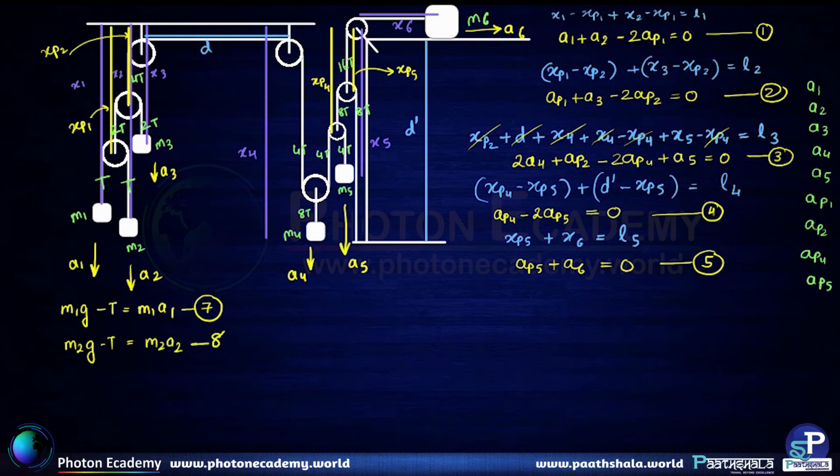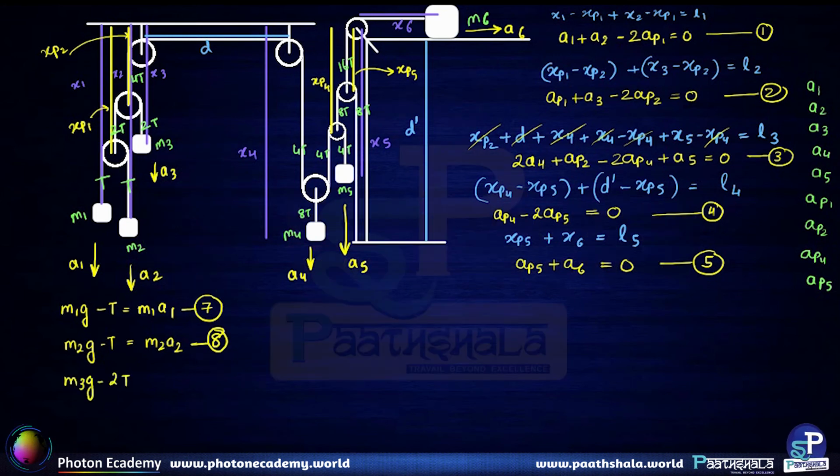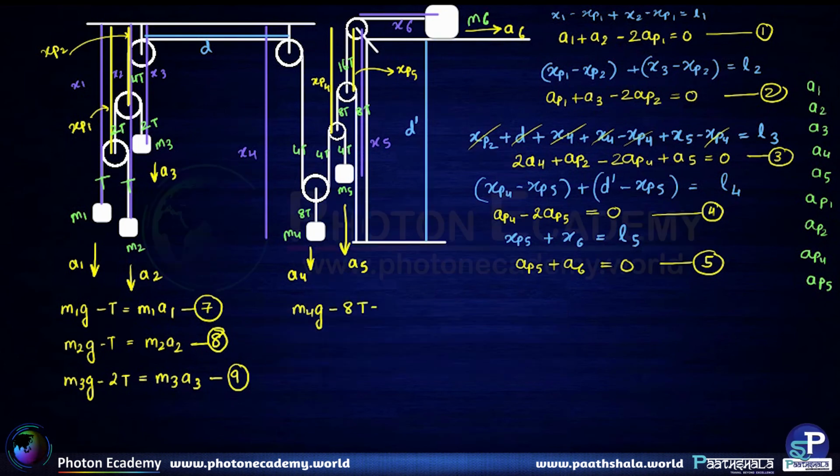This is our equation number 8. For the mass M3, we may write down M3G minus 2T is equal to M3A3. This is our equation number 9. For the mass M4, we may write down M4G minus 8T is equal to M4A4. This is our equation number 10.